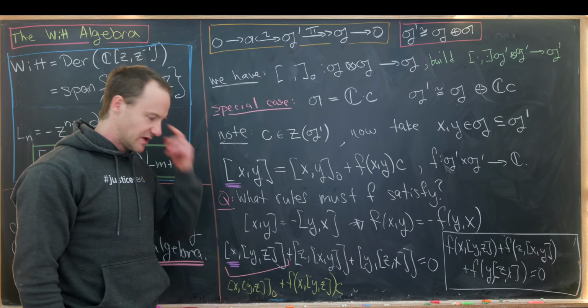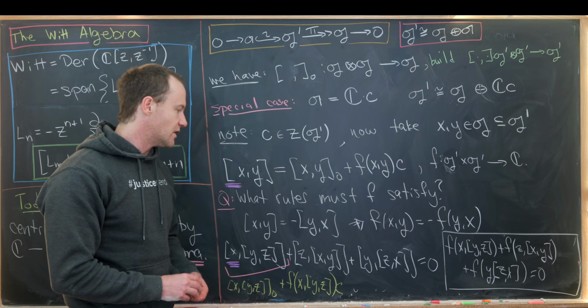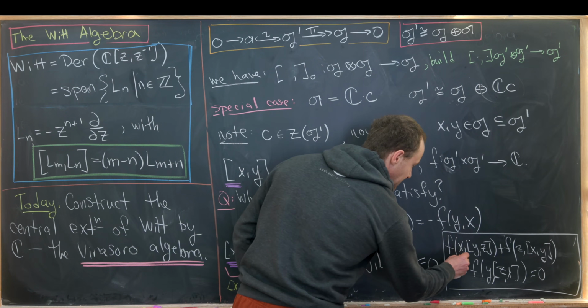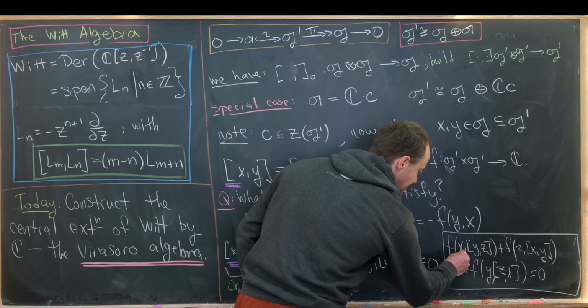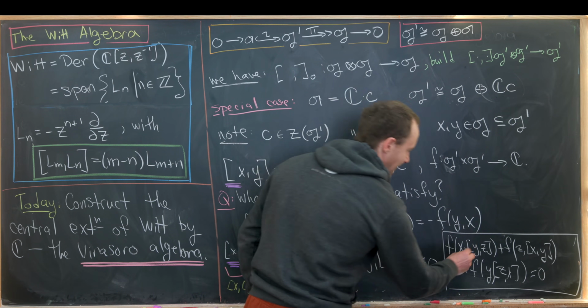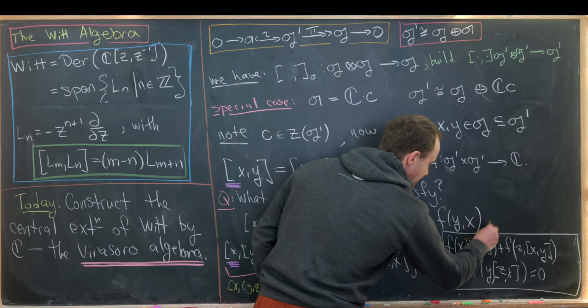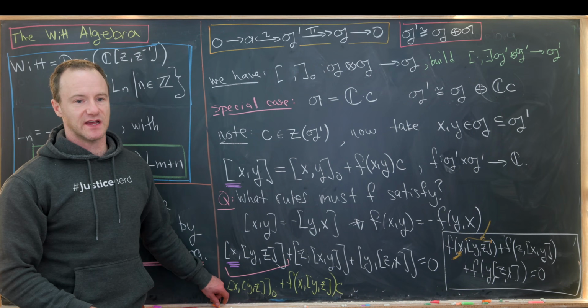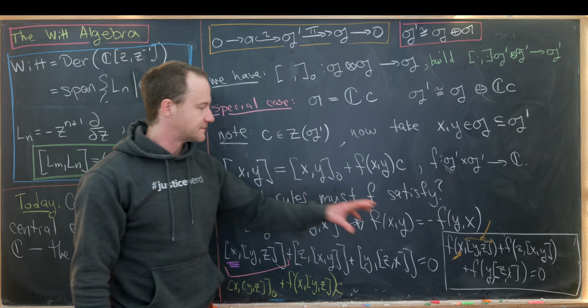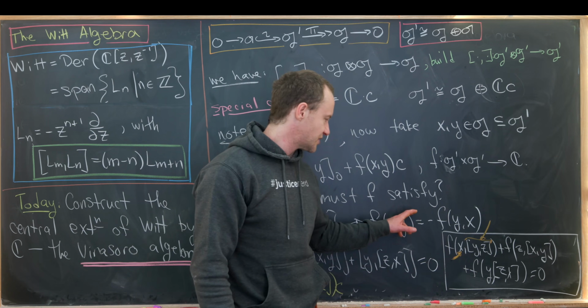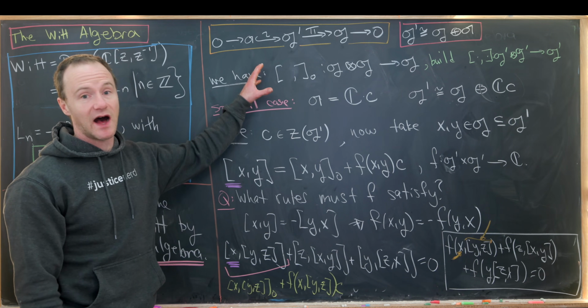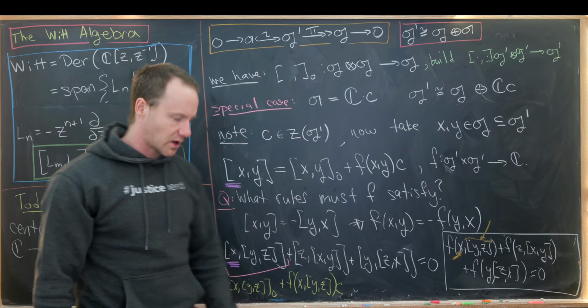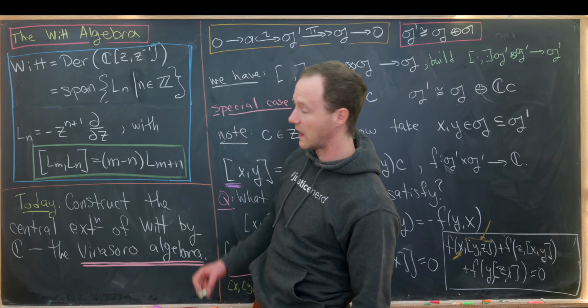Okay, so this looks maybe a little squirrely, but let's notice that there are two things being inputted into each of these f's. There's the vector right there, which is x, and then the vector right here, which is bracket yz. Okay, nice. So now let's take this equation as well as this equation to the top, and then we'll get to work on constructing our goal algebra.